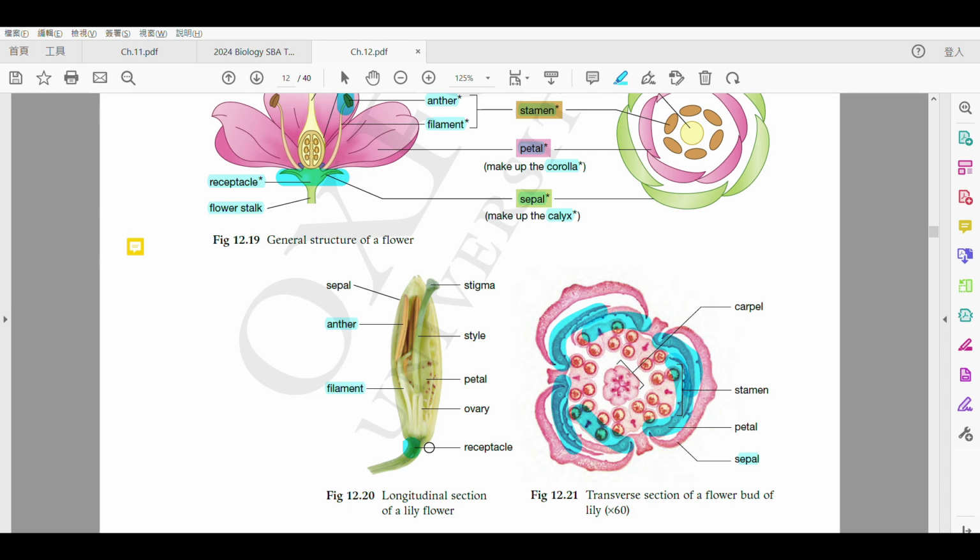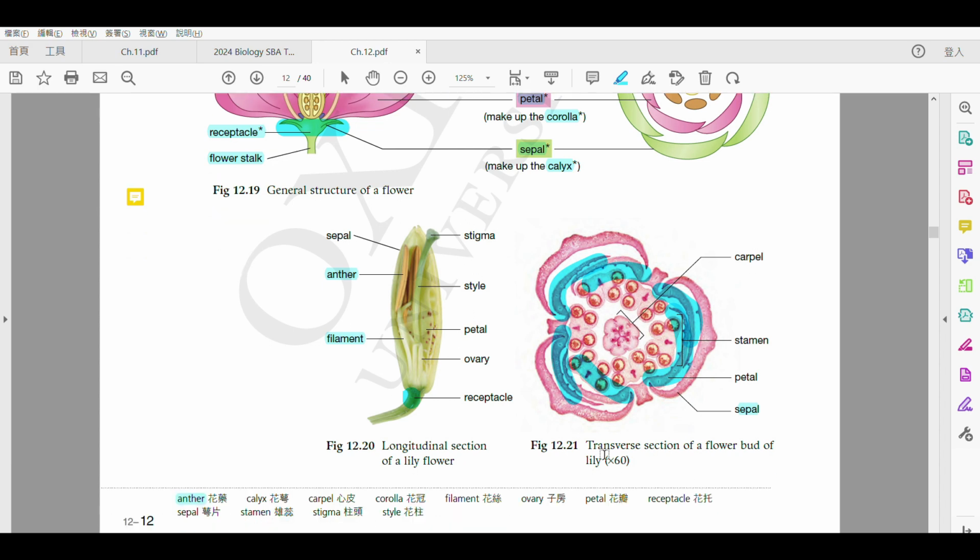And how many parts? Three parts. The uppermost has the stigma, and then we have the style, and then we have the ovary, very close to the bottom of the flower. So this is how you find out the structure of the flower.